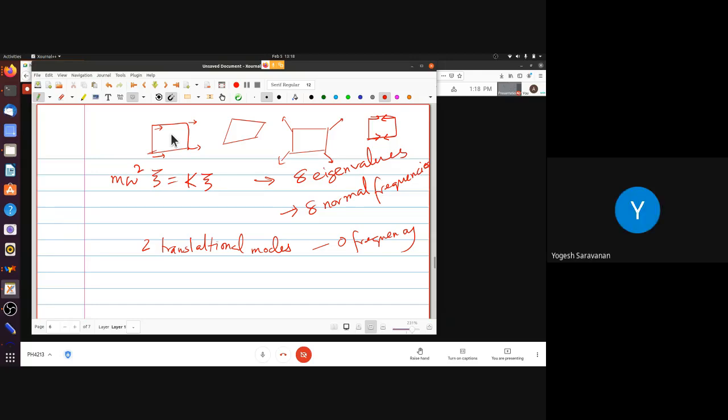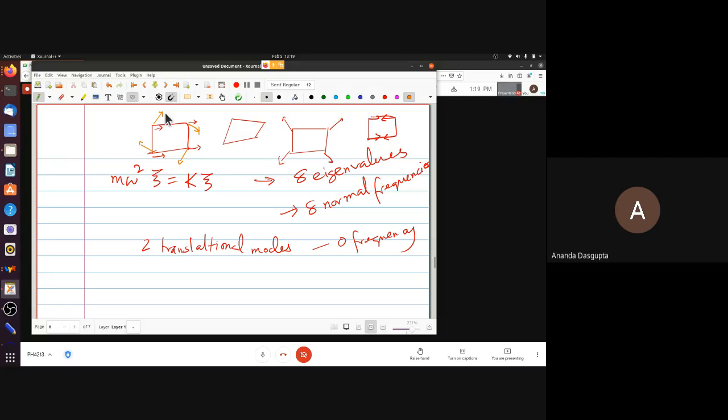Or rotation about the normal to the plane. Exactly, rotation about the normal to the plane, that is rotation in the plane. That of course is allowed. For example, you can have motion like this. Then the whole thing turns, right?